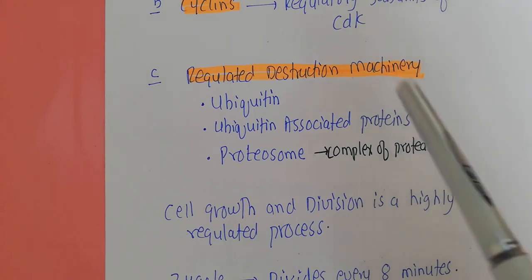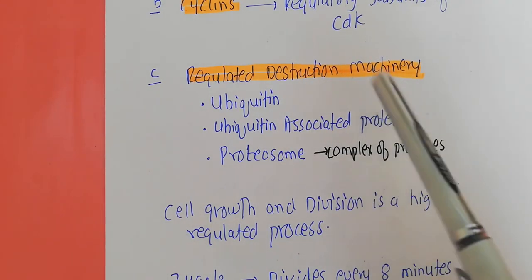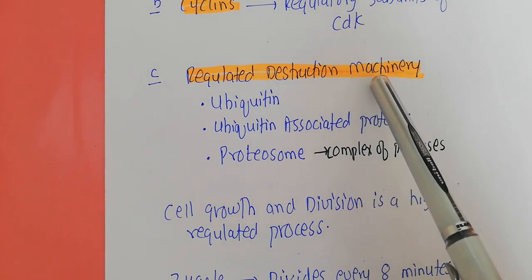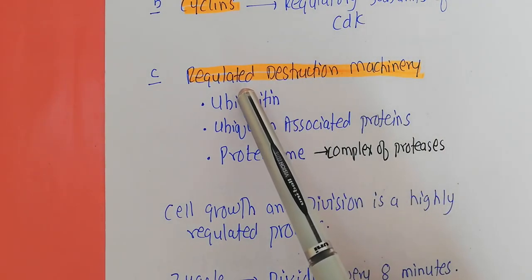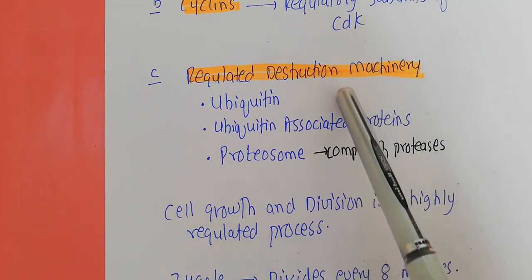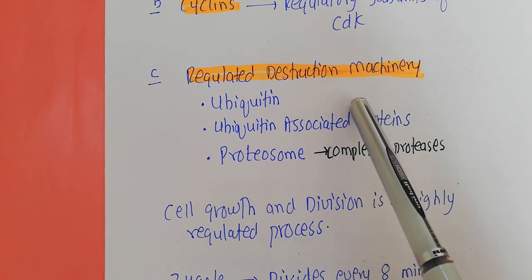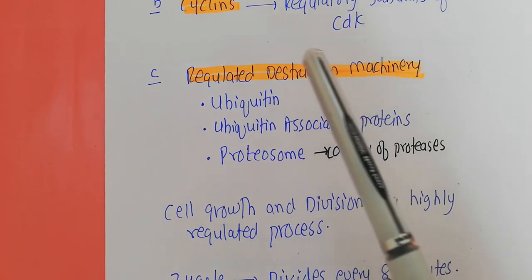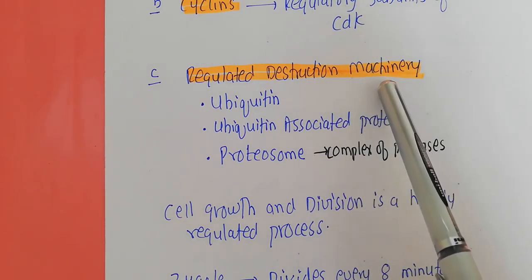So you have got a regulated destruction machinery. That means this destruction machinery is highly regulated. If a protein is required in the cell, this machinery is not going to destroy it. But if that protein has performed its function and you do not need it anymore, this regulated destruction machinery is going to degrade that protein.